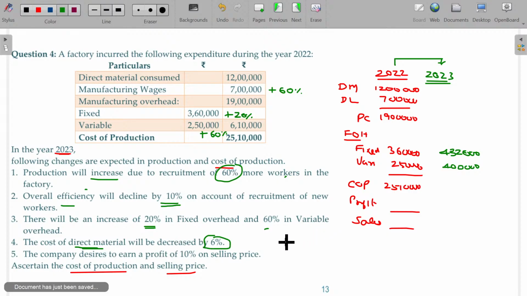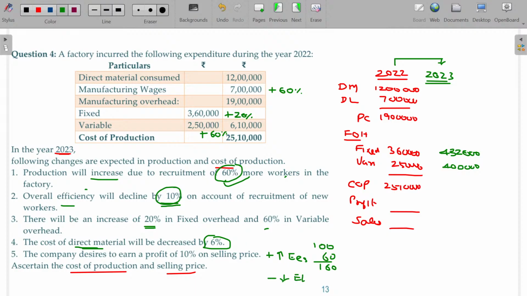Okay, see here. Existing production being 100, increase in employees by 60%, your production will increase by 60, otherwise 160 units. Earlier 100 units means now you can produce 160. But the efficiency of the employees decreases by 10%, so 16.